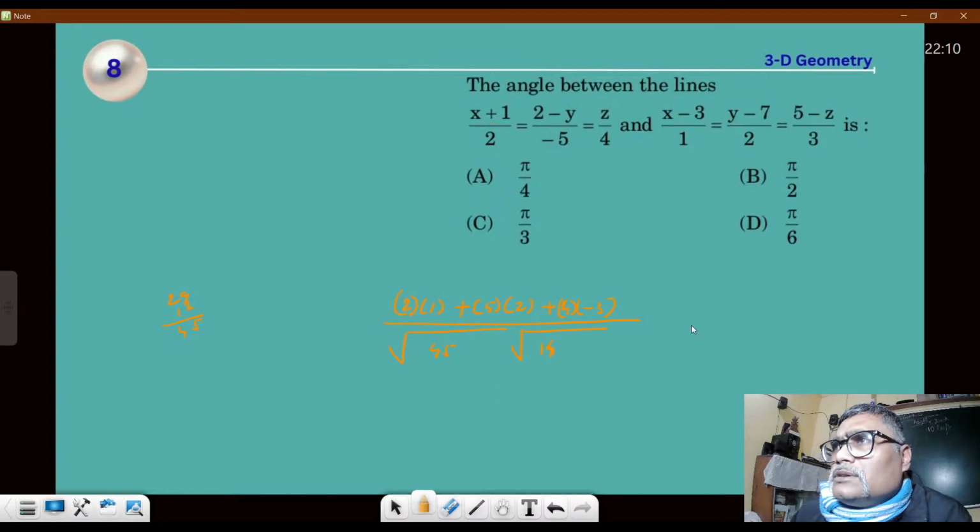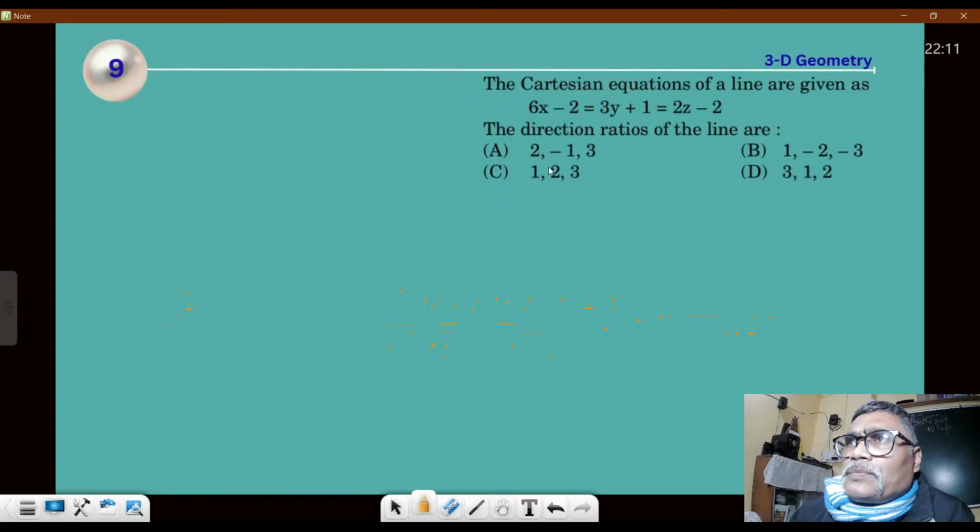So now you try to see what the result will be. 2 plus 10 is 12, 12 minus 12 is 0. So you need not work this out really. So cos theta is 0. Cos theta is 0 at what? 90 degrees. Done. Okay.